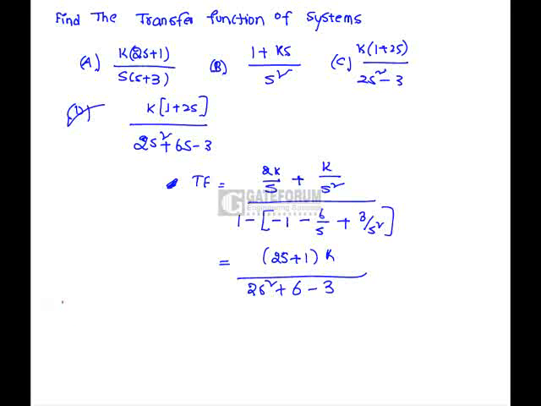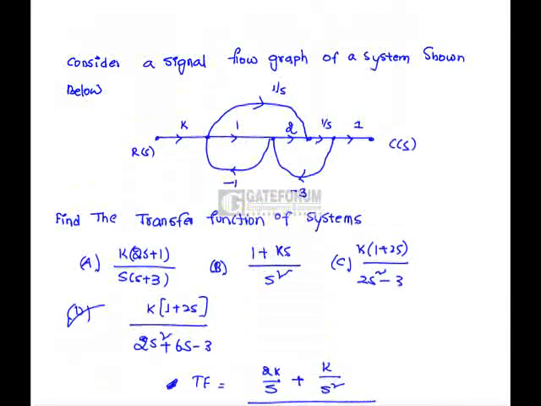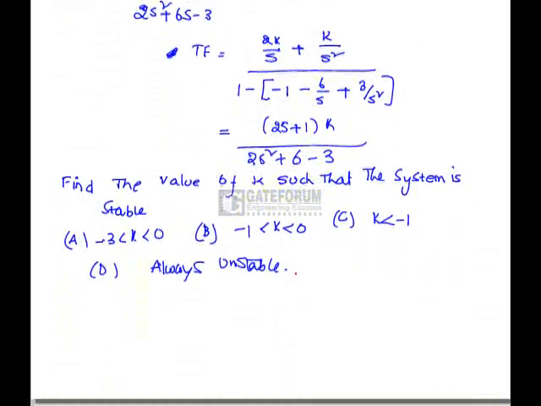Okay, now we have to find out the value of k such that the system is stable. Here the characteristic equation for this one is 2s square plus (6 plus 2k)s plus (k minus 3) is the characteristic equation.